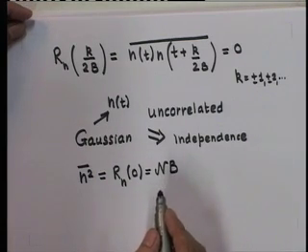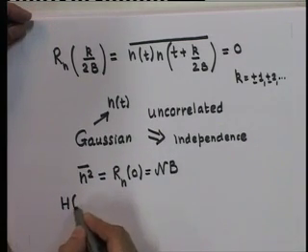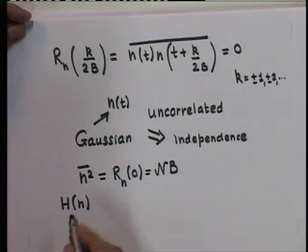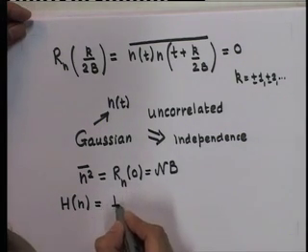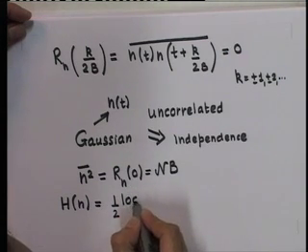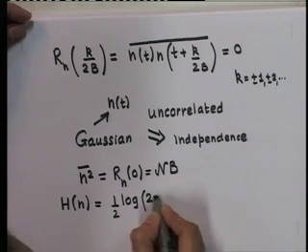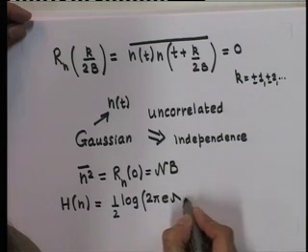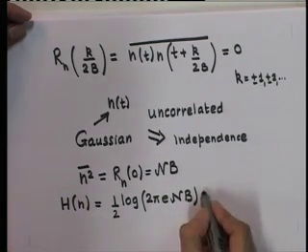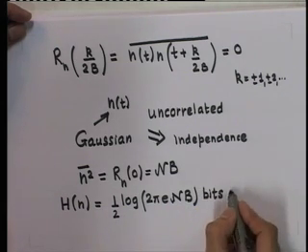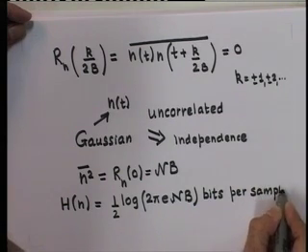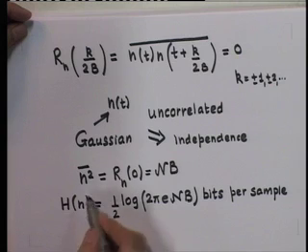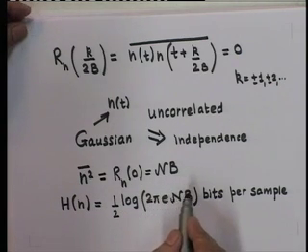Now, we also know that the entropy of each Nyquist sample of n(t) is equal to half log 2 pi e nB, because each sample is a Gaussian, and we have calculated earlier in the class the differential entropy for the PDF which is Gaussian.